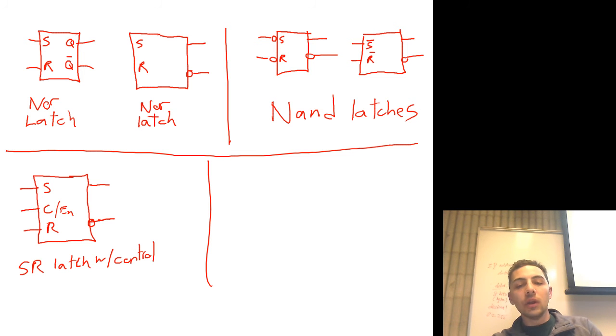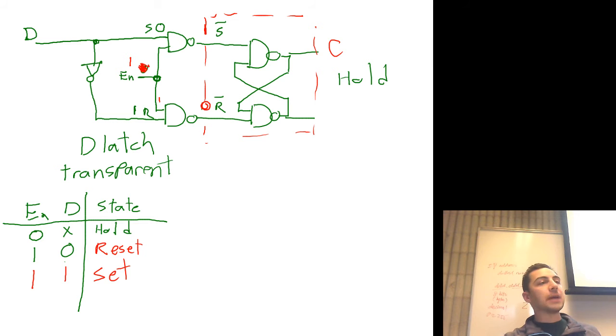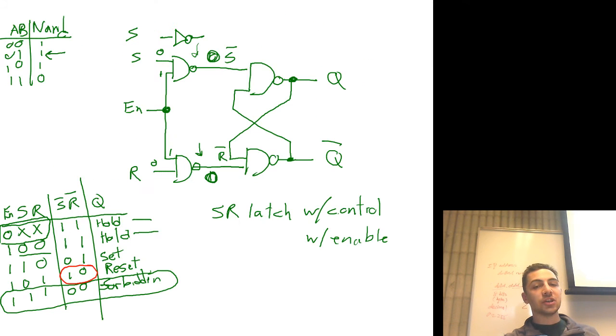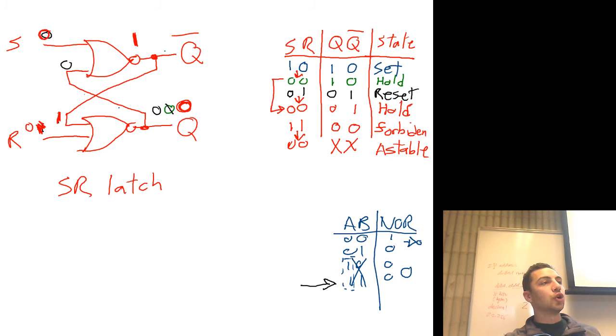Finally, we ended with D latches. So these are the shorthands. If you see this symbol, that means we're talking about one of the types of latches we talked about today: either the transparent D latch, the SR latch with enable, the SR NAND latch, or the SR NOR latch.